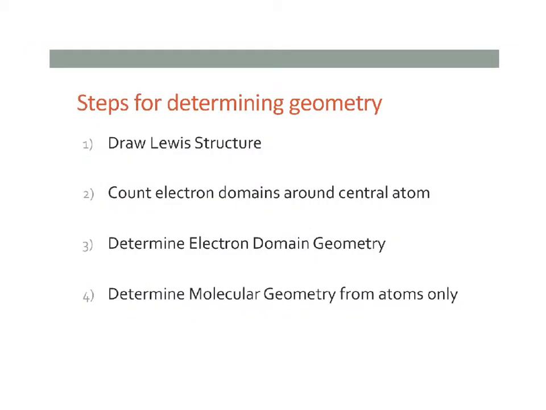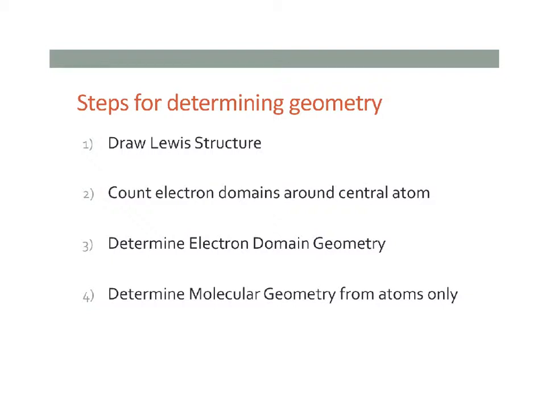All right, here are the steps for determining the molecular geometry of a particular molecule. The first thing you have to do is draw the Lewis structure. This is so important. A lot of times students want to just look at the formula of the compound or molecule and determine the geometry based off of that, and that is a mistake. You have to draw the Lewis structure because you need to figure out in step 2 how many electron domains are around the central atom.